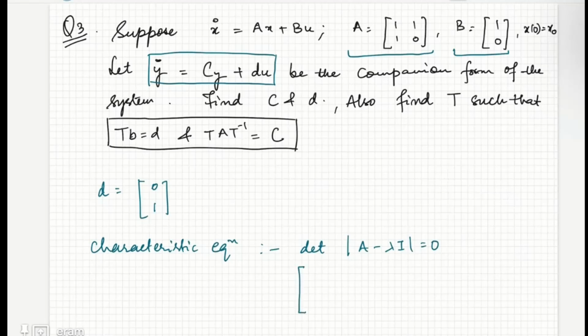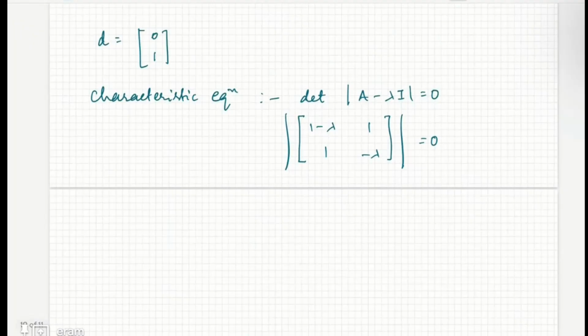So it is the determinant of [1 minus lambda, 1; 1, minus lambda], and its determinant should be 0. It gives us lambda square minus lambda minus 1 equals 0.